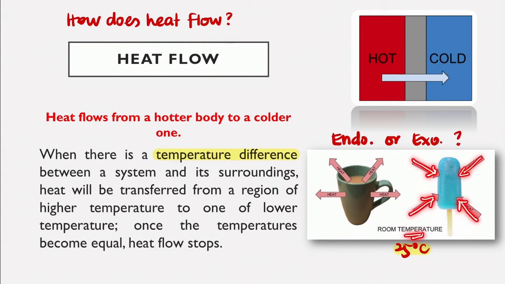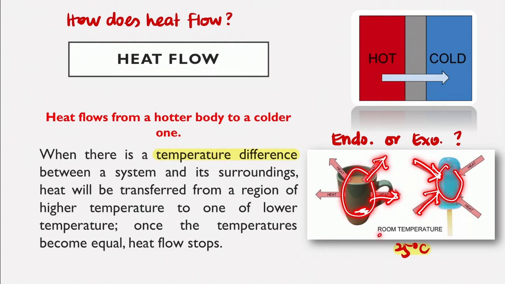The ice cream absorbed heat, that's why it melts. So this one is an endothermic reaction because your system absorbs heat. Our system will release or absorb heat until the temperature of the system and the surrounding is equal, and then the heat flow will stop.